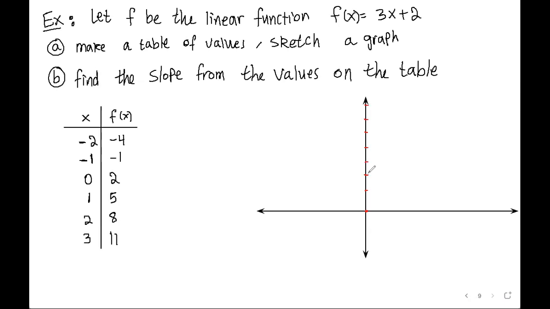At 0 is 2. Here is the 2. At 1 is 5. This is 1, going to be 1, 2, 3, 4, 5, like around here. At 2 is 8. Here is 2, like around here.